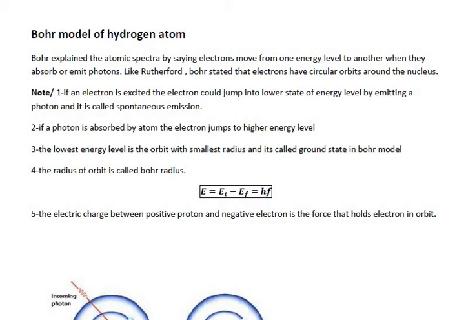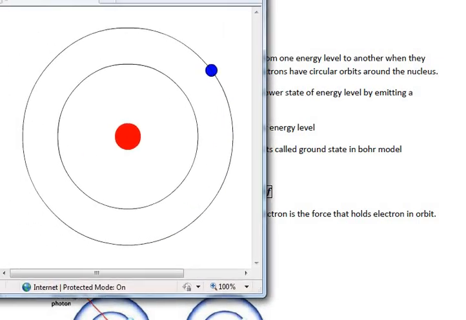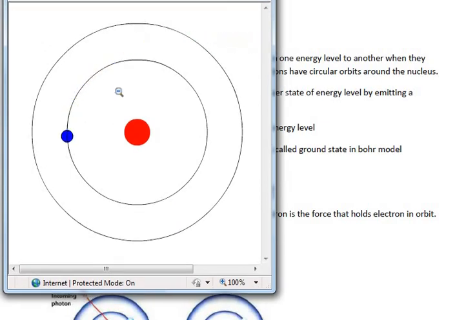To understand it better, you can see this demonstration here. It shows us how an electron gains energy. As it gained energy, it jumped to a higher state. This state is called the excited state.